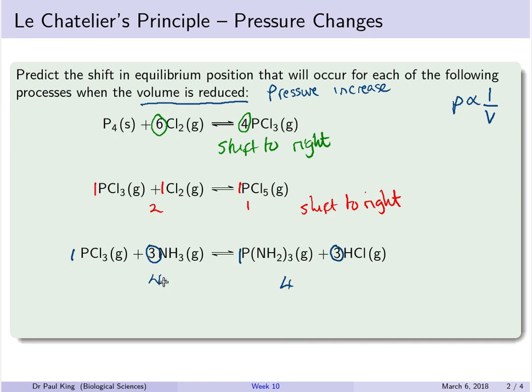So quite clearly there are equal numbers of molecules in the reactants and the products, so there will be no shift, because it's not possible for the equilibrium to shift one way or the other in order to reduce the number of molecules in the gas phase. So the equilibrium simply can't respond in this case to try and establish a lowering of the pressure. Okay, so that's an example of how the equilibrium will respond to pressure changes.